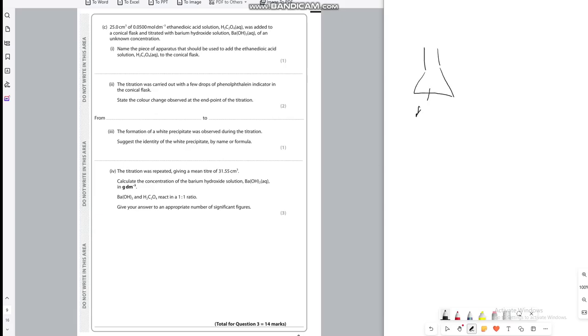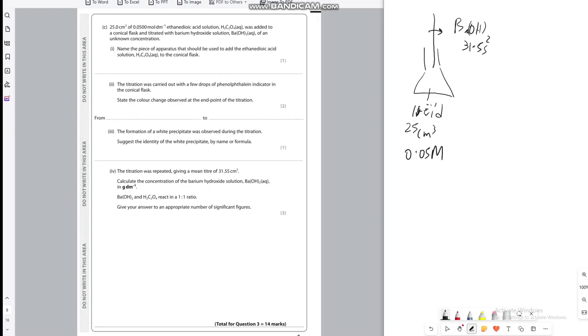So this is acid, 25 centimeter cube, 0.05 M, and when it was titrated with barium hydroxide, they have given the volume of it as 31.55.